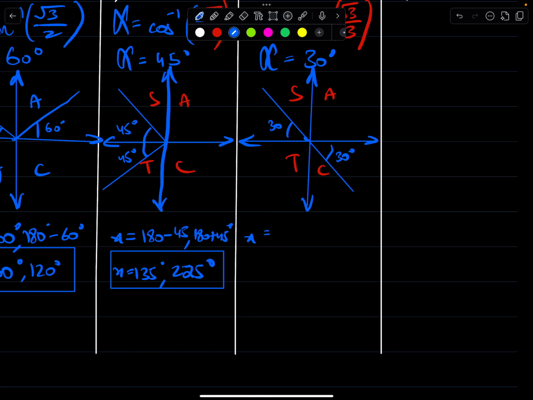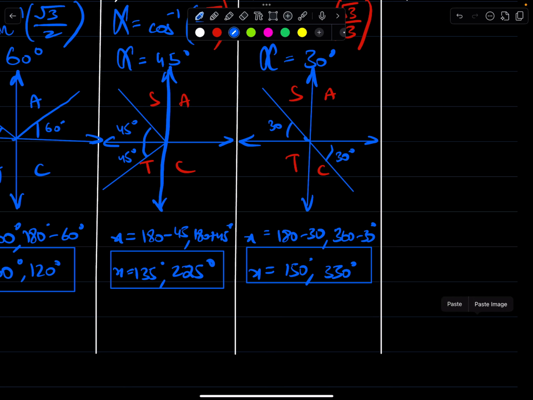So, in the second quadrant, we have 180 minus 30. In the fourth quadrant, we have 360 minus 30. Thus, we have x as 150 degrees and 330 degrees. This is our answer to this trigonometric equation.